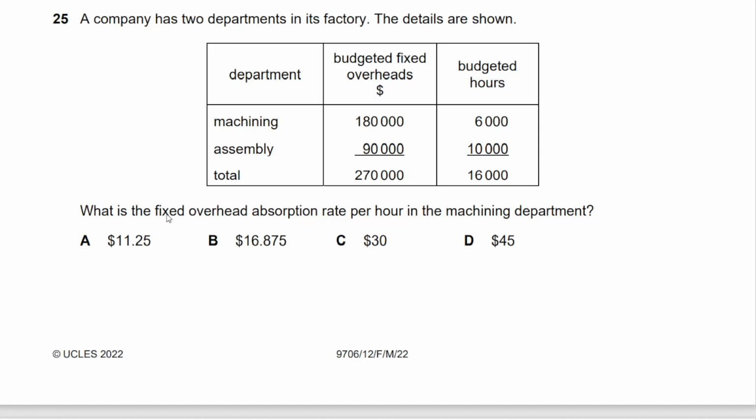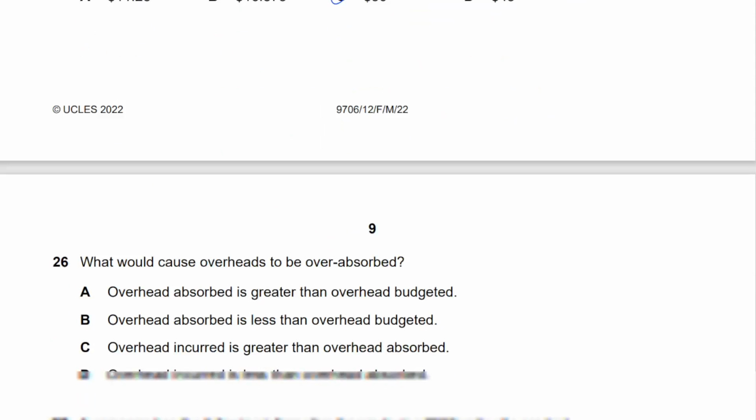Well, take the machine cost divided by 6,000. And I'm surprised, is that it? Yeah. That's all the question wanted from you. So the total fixed cost in machining is 180,000. The budgeted hour is 6,000, so we have to absorb it to each hour. Just divide it and you'll get 30. Should be the answer. Let's move on.